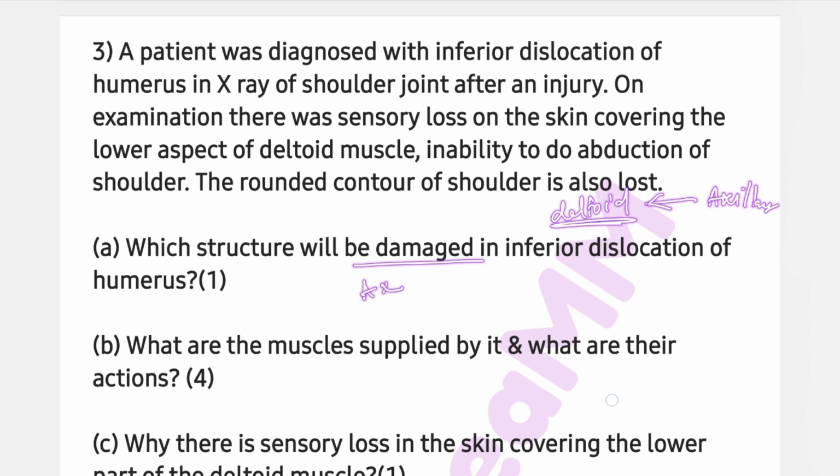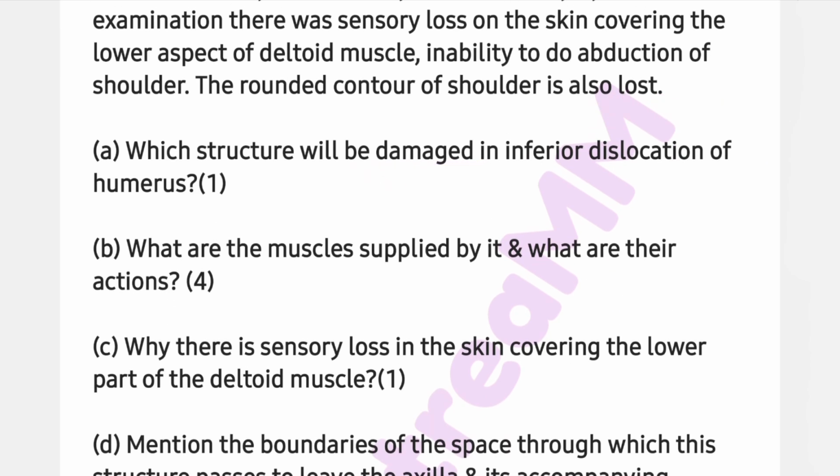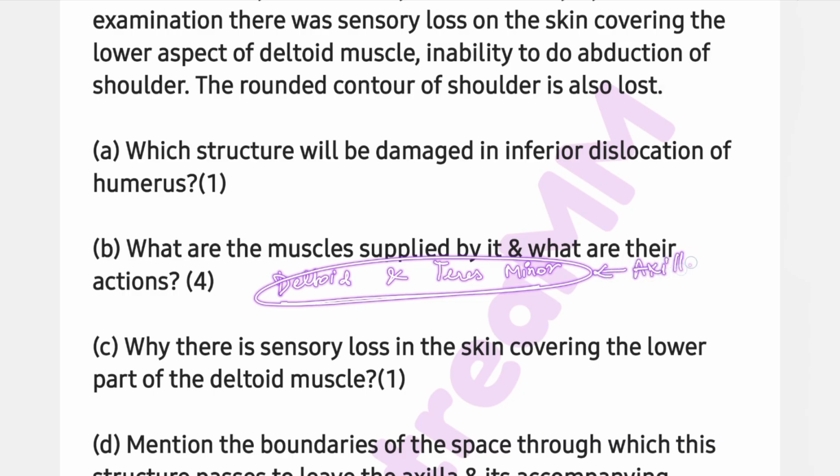Axillary nerve is affected. What are the muscles supplied by it and what are their actions? Here I have said one muscle, that is deltoid, and another muscle is teres minor. These both muscles are supplied by axillary nerve.